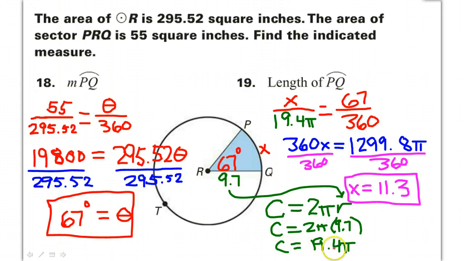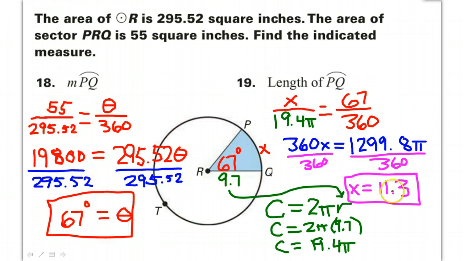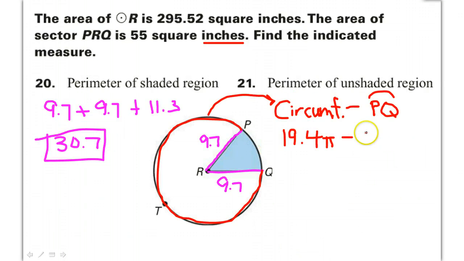So the circumference was 19.4 pi. So we'll do 19.4 pi minus the arc PQ. We found that was 11.3 in problem number 19. So we'll do minus 11.3.